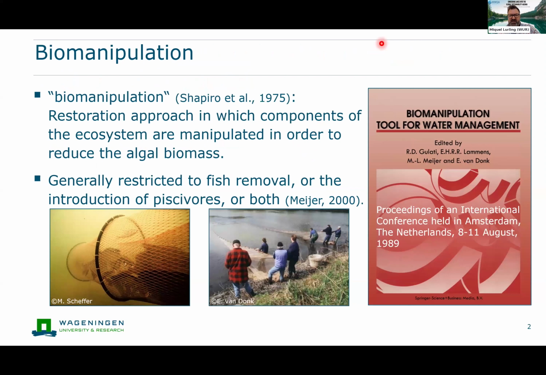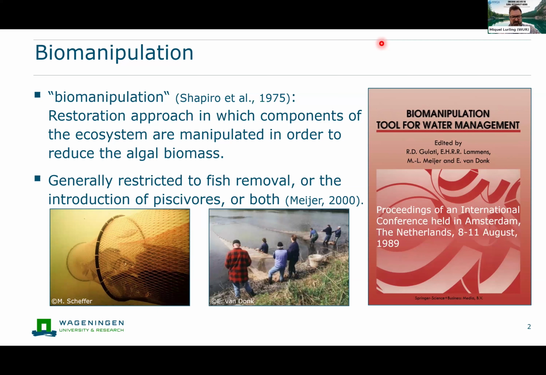Well, biomanipulation has been introduced by Lawrence already. It was coined by Joseph Shapiro 50 years ago, and meant for all those approaches in which ecosystem components were manipulated to reduce nuisance cyanobacterial plumes.